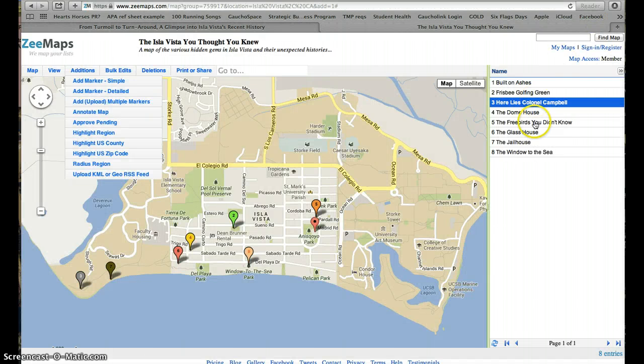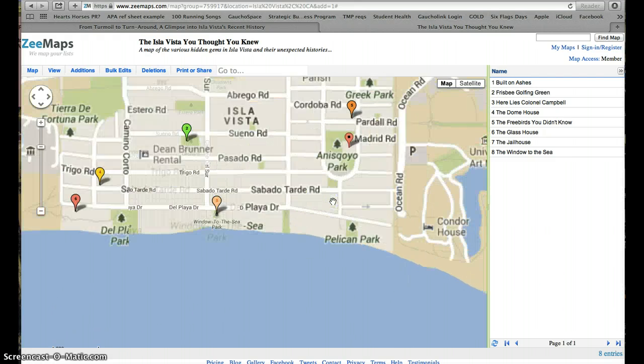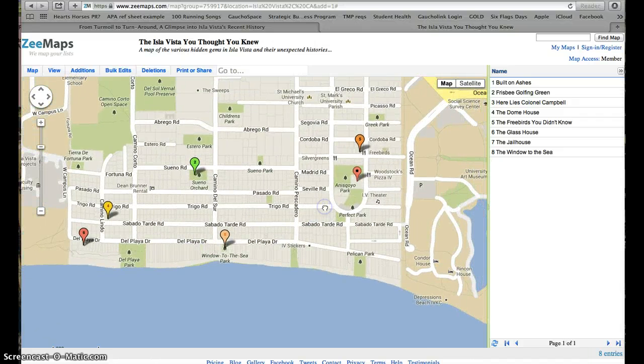So then over to my Zeemap. The title of this is The Isla Vista You Thought You Knew. It's kind of in accordance with its history, and that a lot of these landmarks that I have here have a rich history that I thought were important that a lot of students don't know about. I don't think the order is particularly important in my Zeemap, so I don't think that I will switch it up.